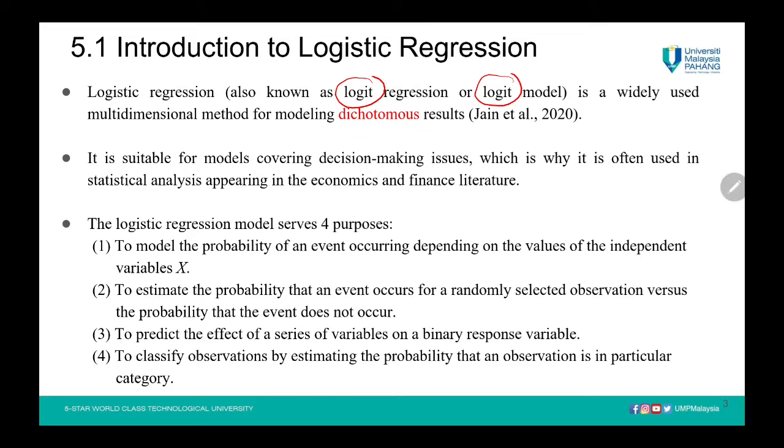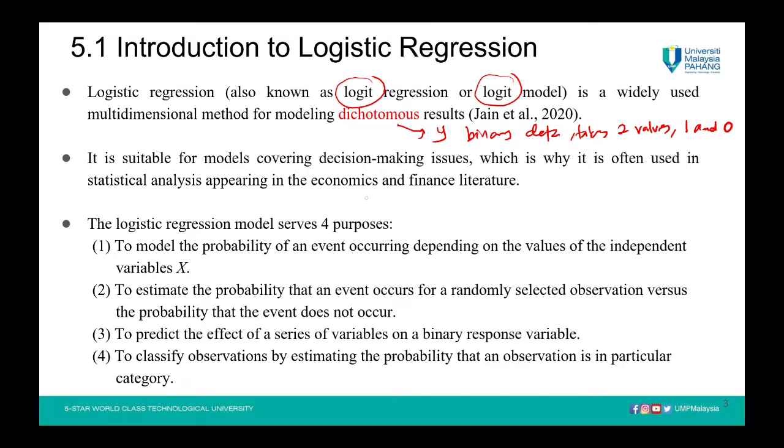Dichotomous means that the value of y is binary data which takes only two values, coded as 1 and 0. That is dichotomous.